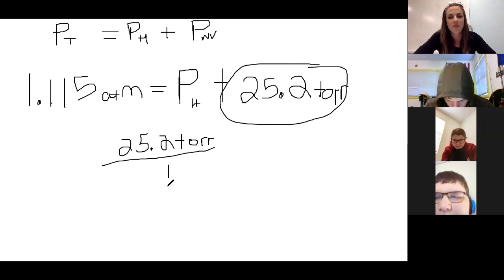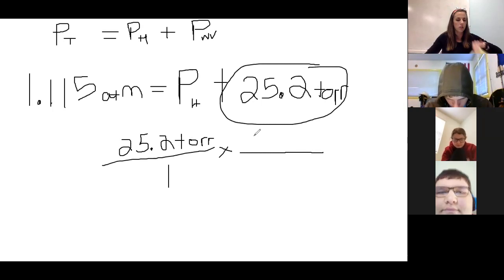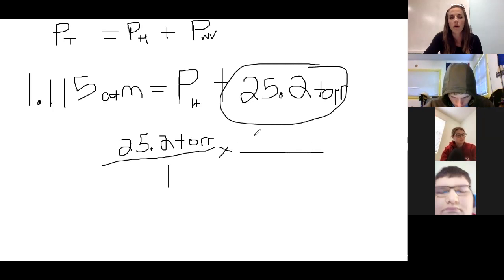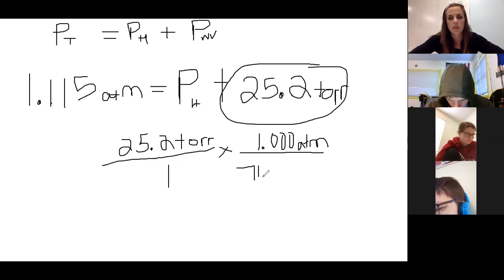Okay, over 1 times my conversion factor, which I'm going to use that one chart I told you on page 384. You want to go ahead and mark that because you're going to use that a bunch. So on that chart, it tells me that 1 atmosphere, 1.000 if you really want to be technical, equals 760 torrs.